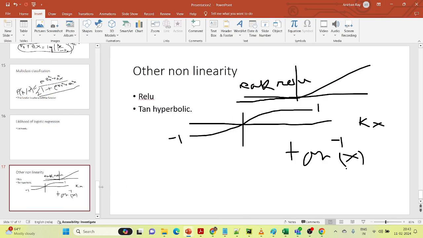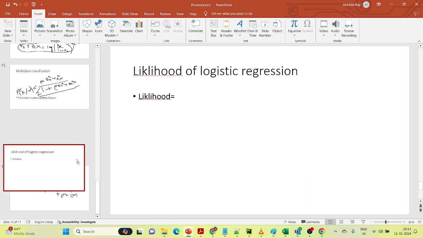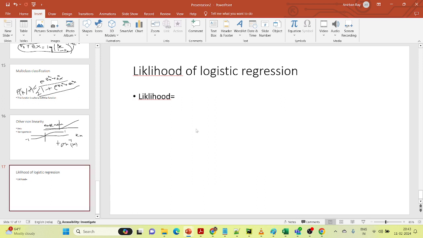So our likelihood here is this one. And also you know that when the nonlinearity is sigmoid, the hypothesis and the probability are the same.